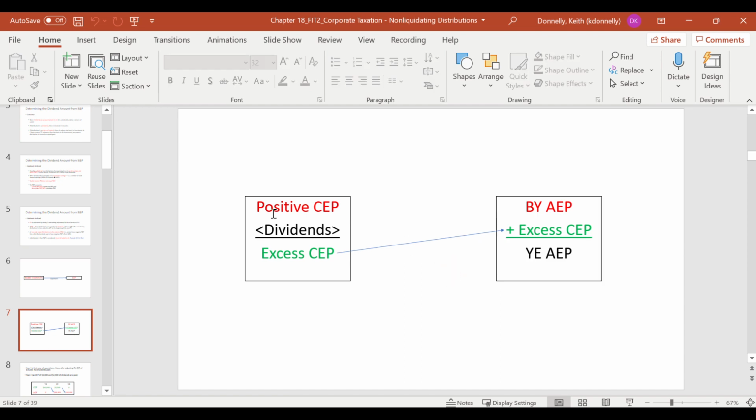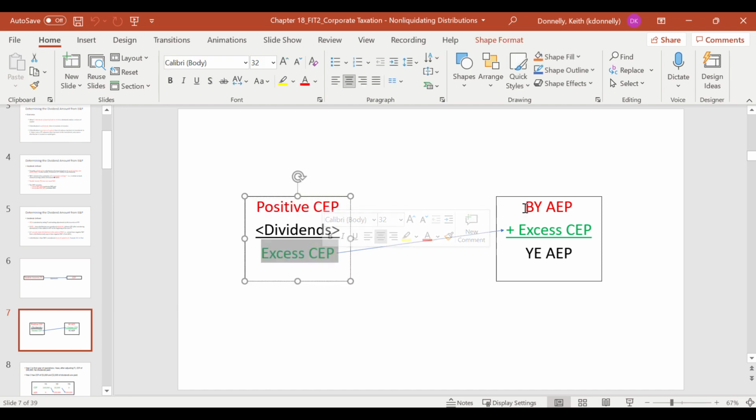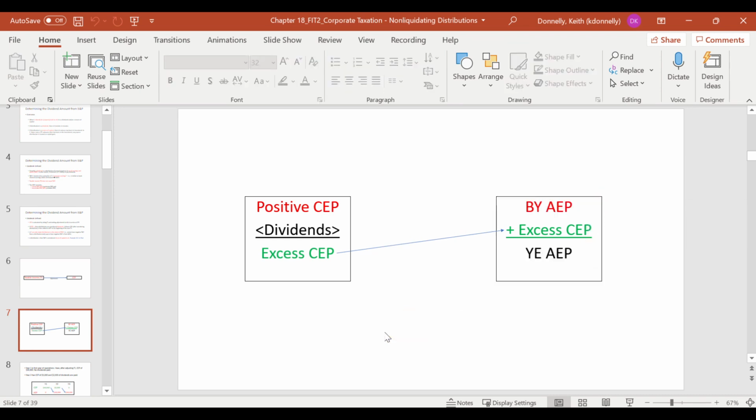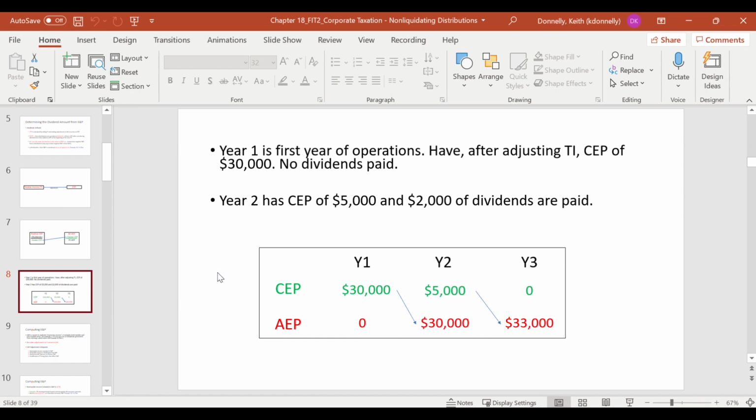This is kind of like retained earnings, right? If you had net income minus dividends, any excess would be added to beginning retained earnings to give us year-end retained earnings. This is just showing kind of the flow of it if we were to categorize current earnings and profits and accumulated earnings and profits.